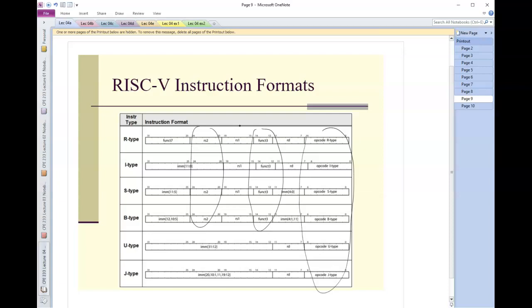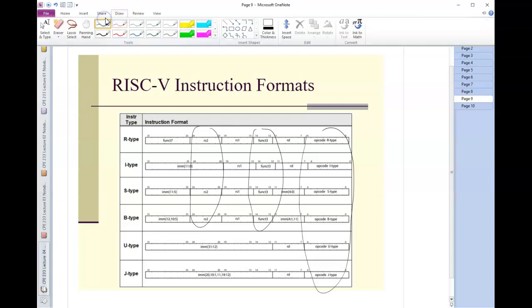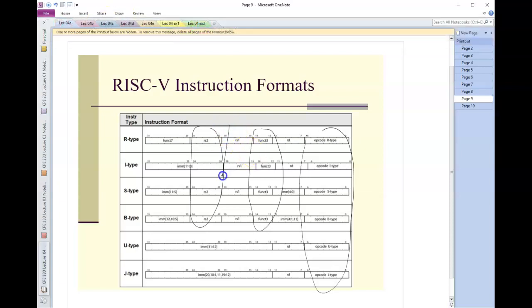That's done purposely for reasons we'll get into later. It simplifies everything. You can see these are lined up and these are lined up too as best they can. We try to line everything up. And like I said, it simplifies the hardware and simplifies the implementation.